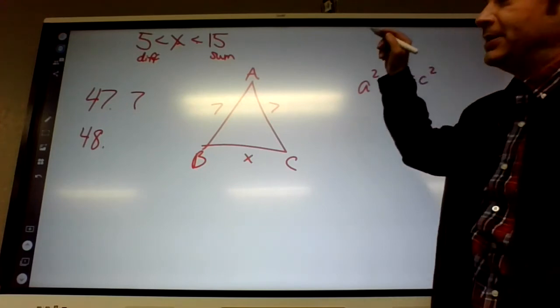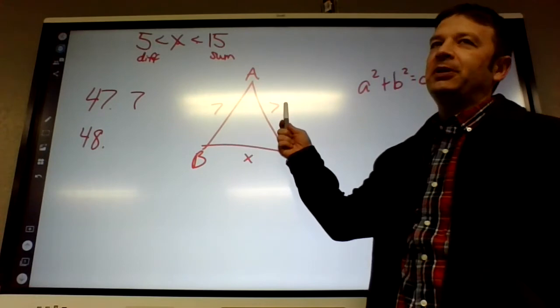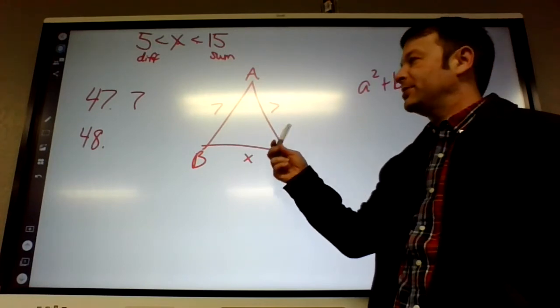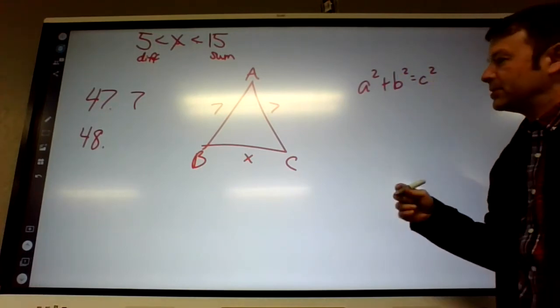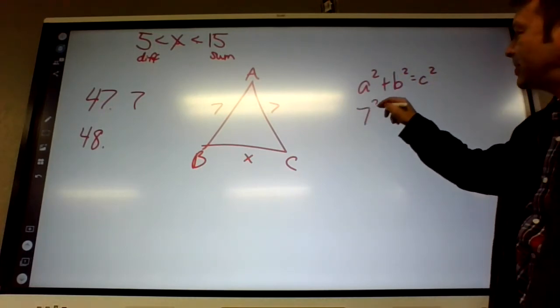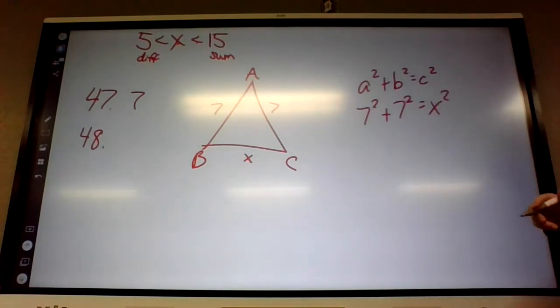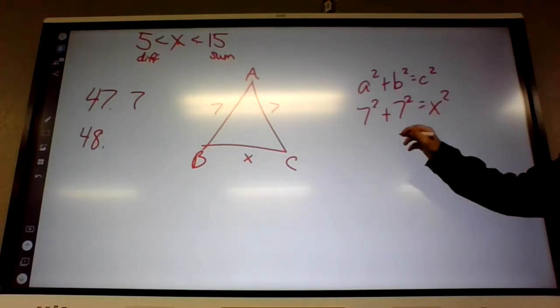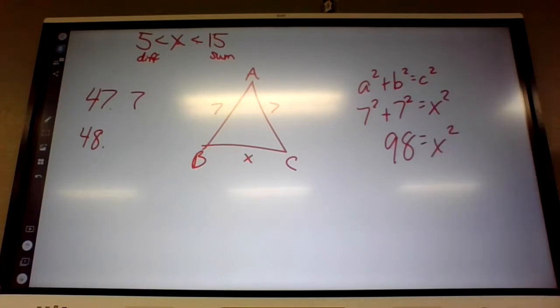Okay. So these two would have to be the legs because the hypotenuse has to be the longest side. So x would have to be the hypotenuse. So we need to make 7 squared plus 7 squared equals x squared. 49 plus 49 is 98. How do I solve that for x?